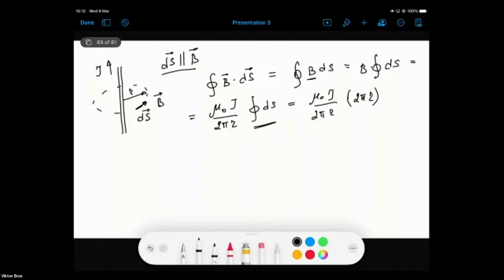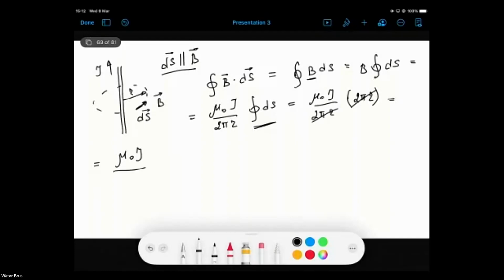Taking this into account, we cancel out the denominator with the numerator, and eventually we get mu naught times I.